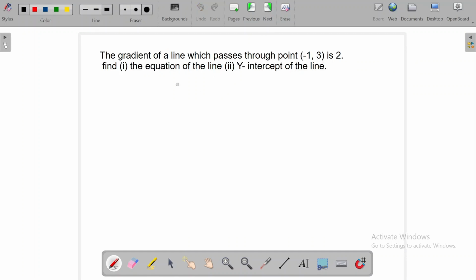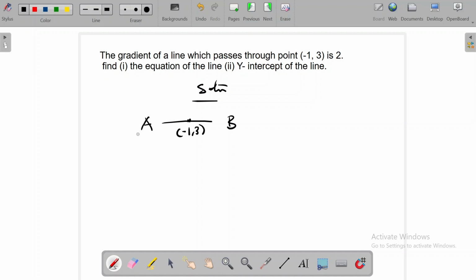If you look at this, it says the gradient of a line which passes through a single point is 2, find the equation of the line and the y-intercept of the line. Let me explain. What it simply means is you have A and you have B. Since the line passes through just a single point, this is considered to be one point, which is negative 1, 3.